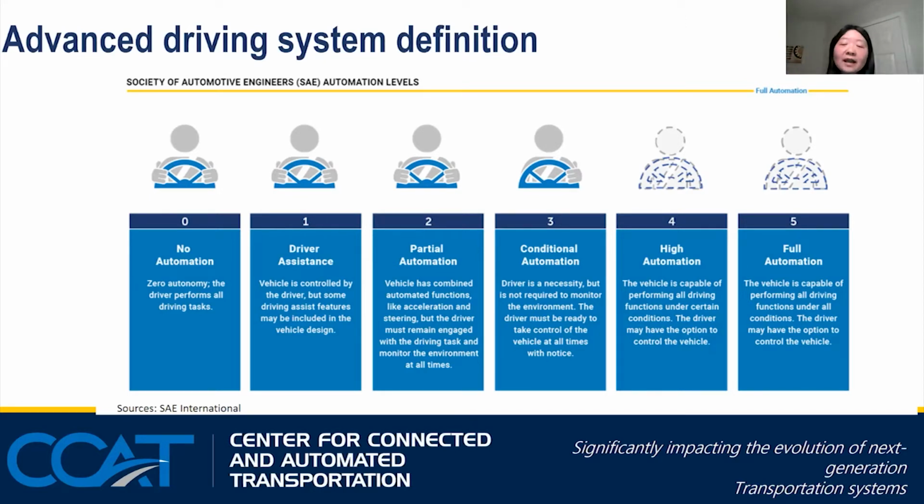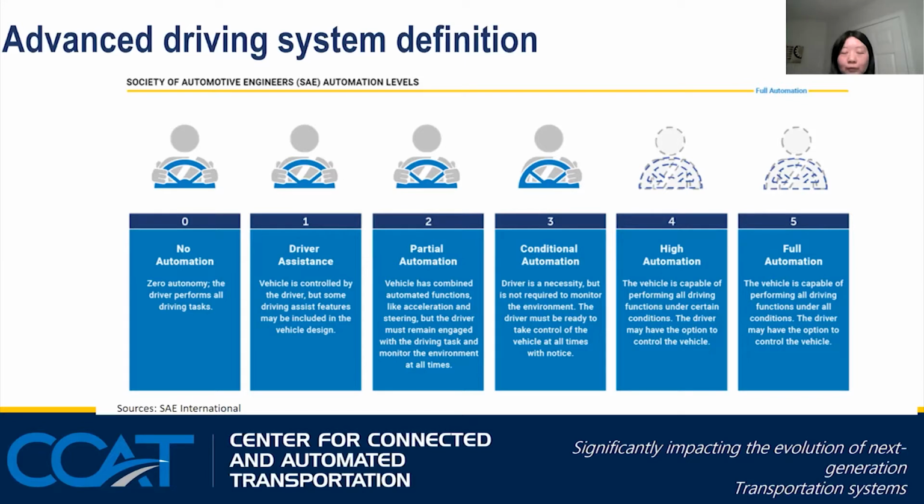For level 1 and level 2, the drivers still need to monitor the driving environment. Most of the time, their hands are required on the steering wheel, and they need to check for traffic conflicts.